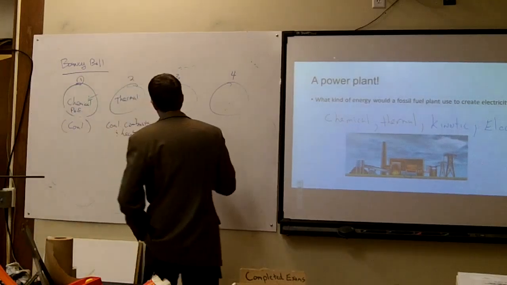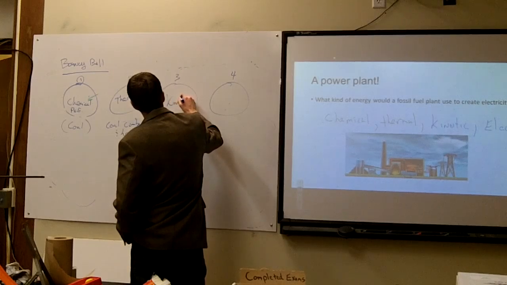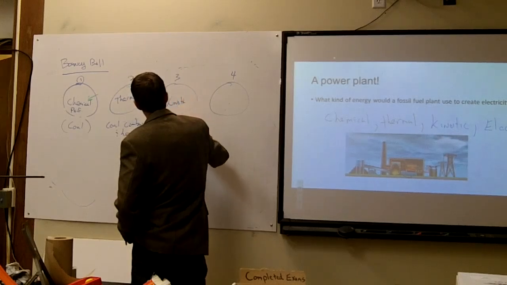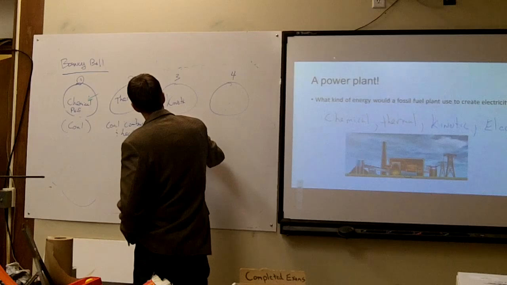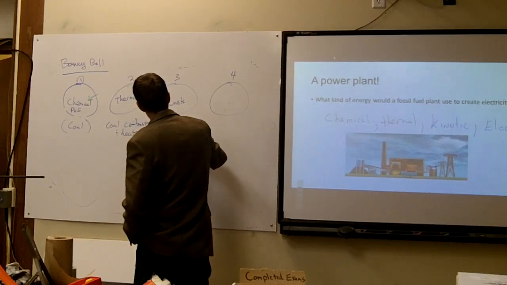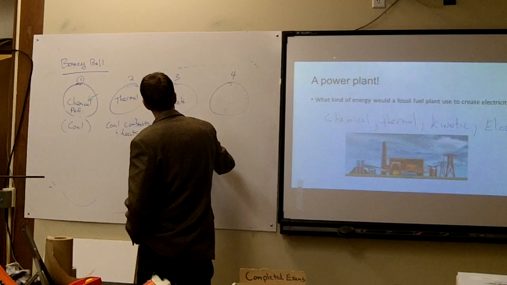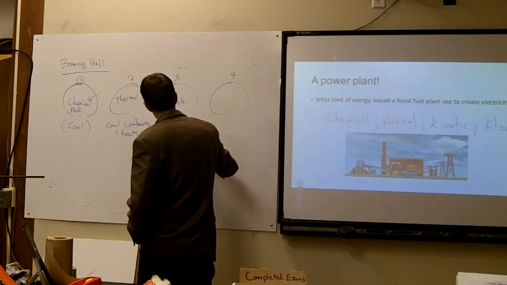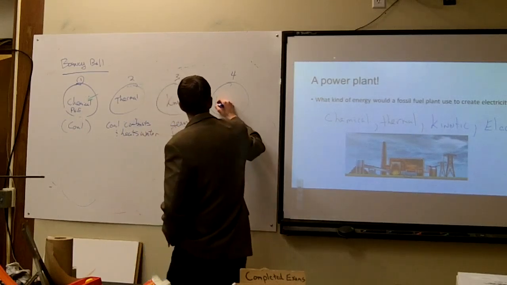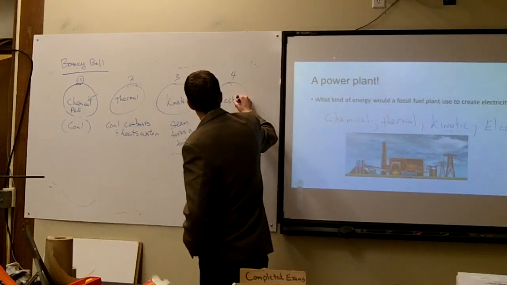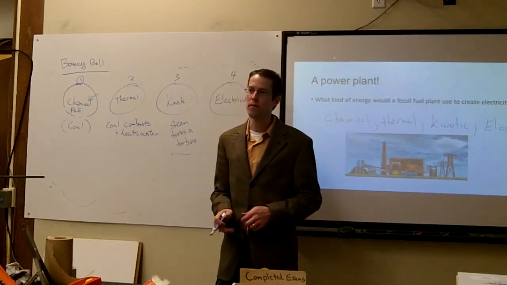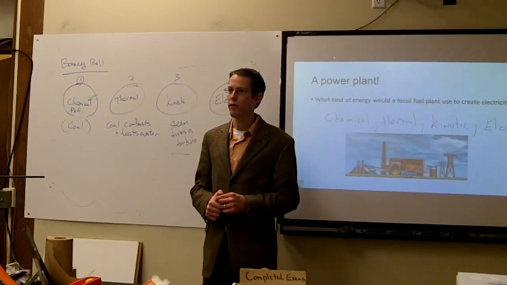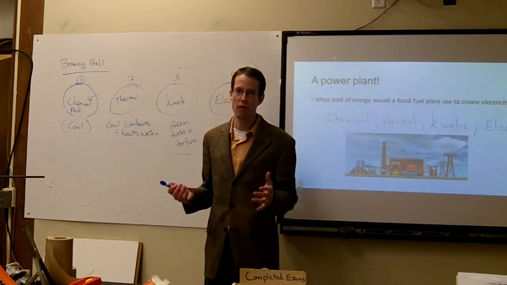It then transfers to kinetic. The steam turns a turbine. And then it becomes electrical. So that's how you transfer from one form to another. That's just an example of all the different conversions.